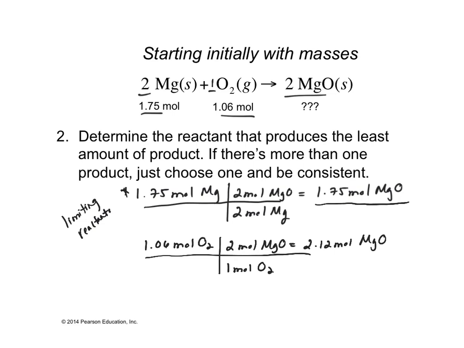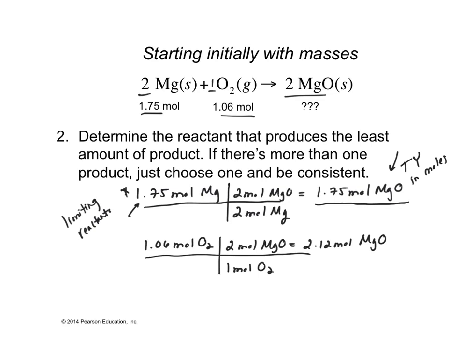And then what is this 1.75 moles of MgO? That's our theoretical yield, right? That's how much product we could make given that we have run out of our limiting reactant. But are we going to probably leave this like this, 1.75 moles? No, right? So this is theoretical yield in moles.